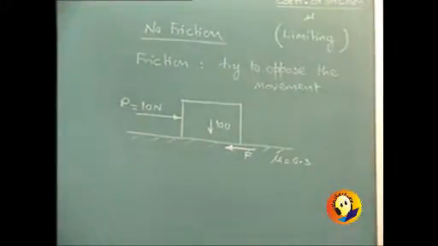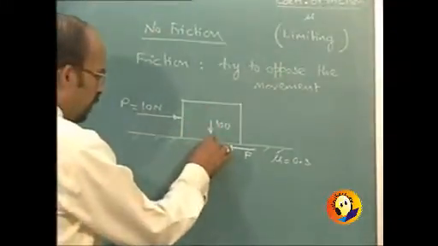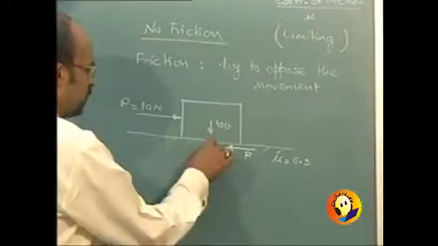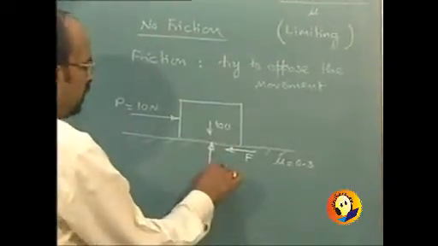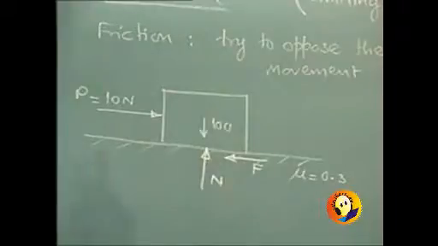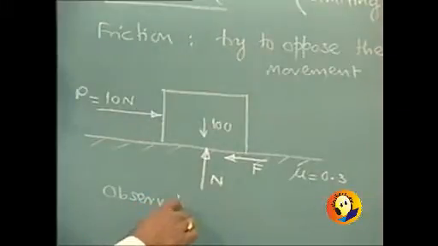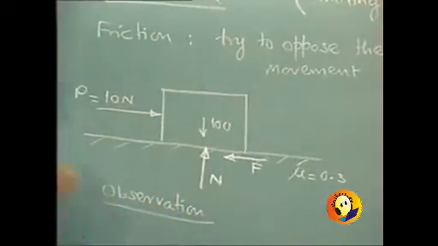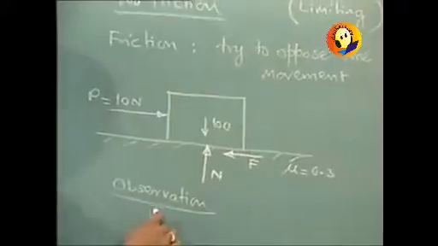Now this frictional force is dependent on the total load also. So there will be some reaction called the normal reaction given by the surface. And the observation in this case is that the block does not move.